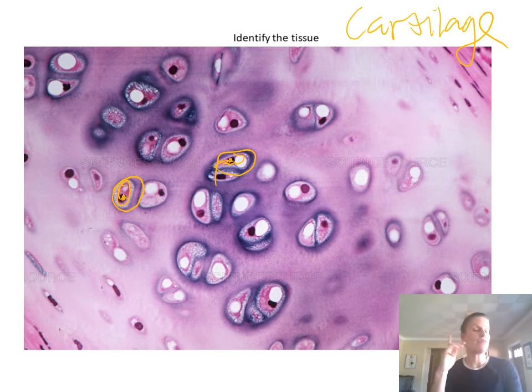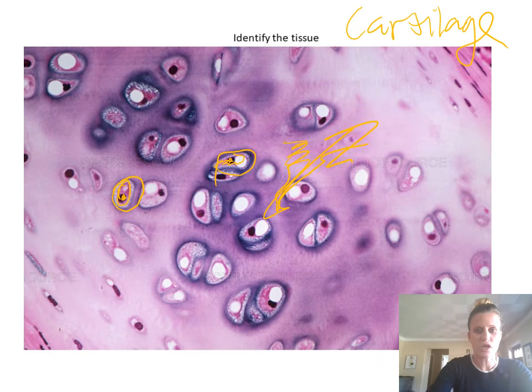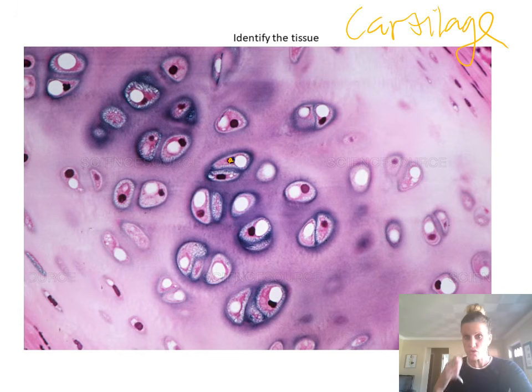Now remember, we have elastic cartilage, hyaline cartilage, and fibrocartilage. We already saw elastic cartilage. Remember, in elastic cartilage we saw all of these really dark purplish blue lines all around the outside, and I said if it's really dark like that, you see all those elastic fibers, that's elastic. This one you don't.